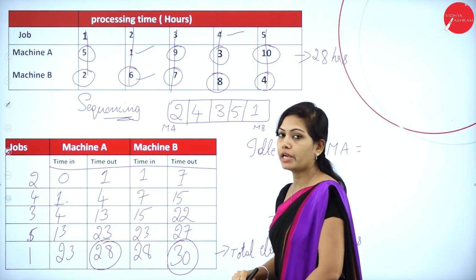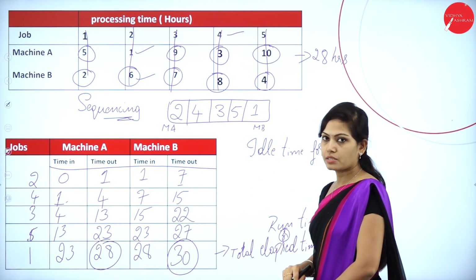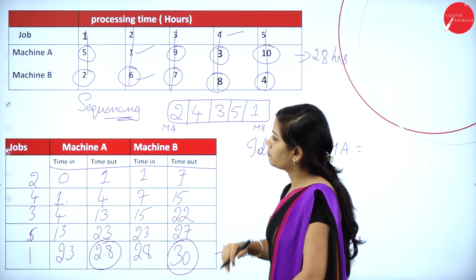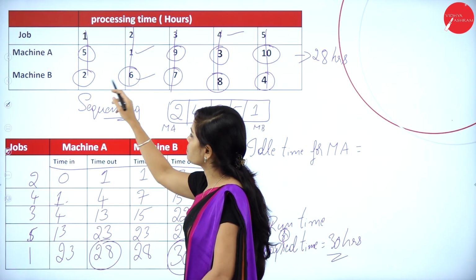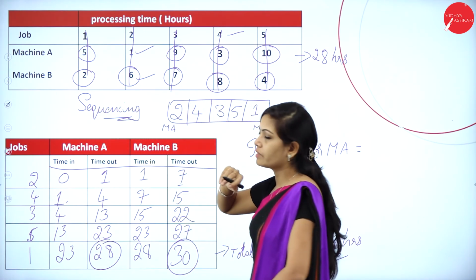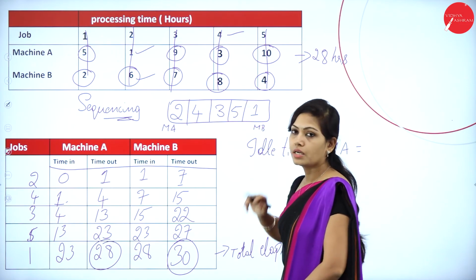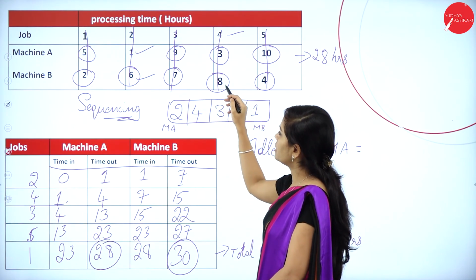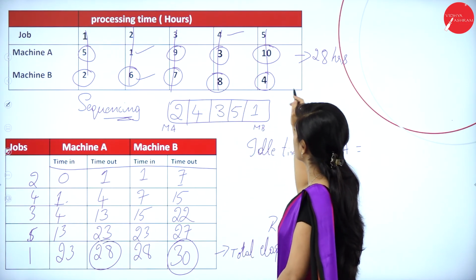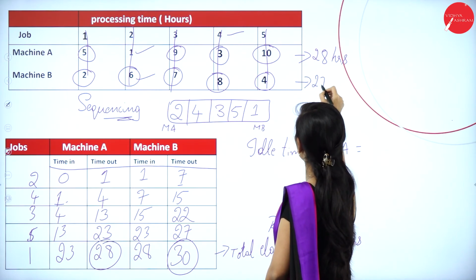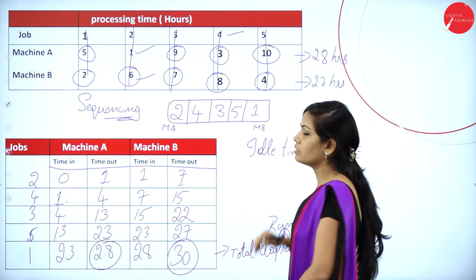Processing time for machine M1 is 28 hours. And for machine B, processing time is 6 plus 2 is 8, 8 plus 7, 15, 15 plus 8 is 23, 23 plus 4 is 27. 27 hours for machine M2.